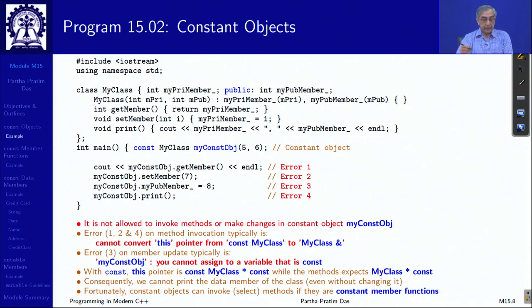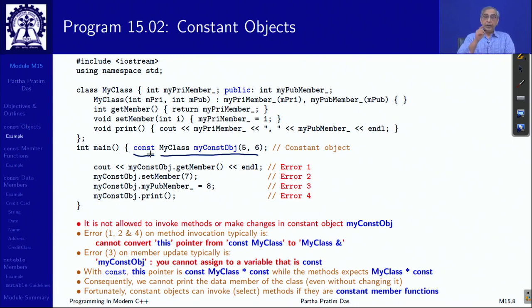What happens if I make things constant? All that I have changed is in my object creation declaration I have made it a constant, like const int, I made const my class. So, what is the change that is going to happen?